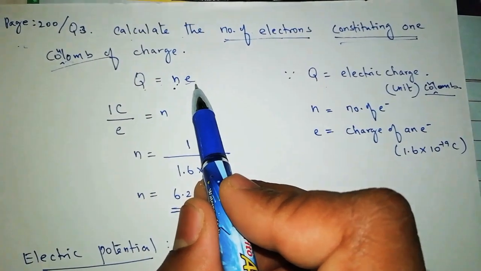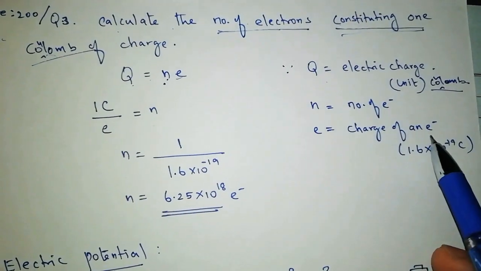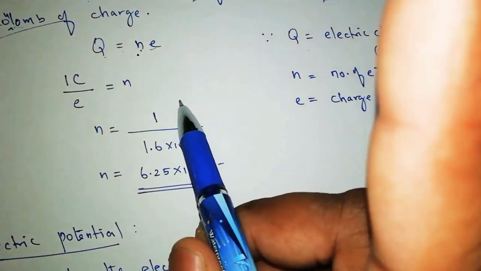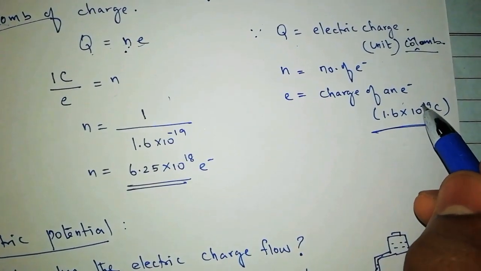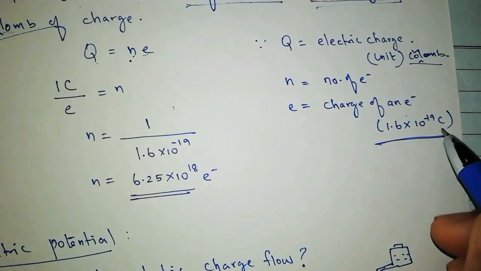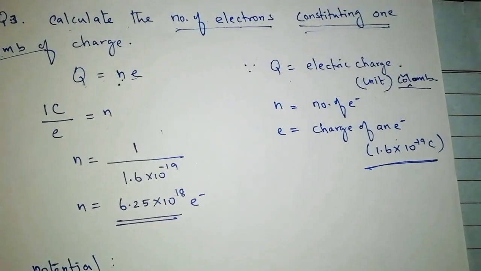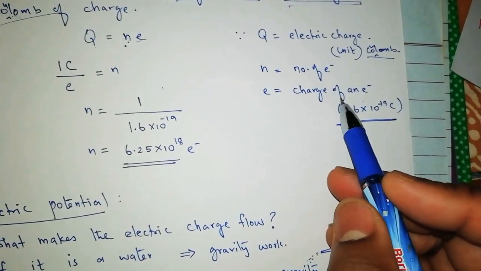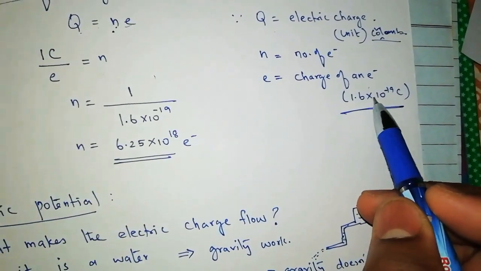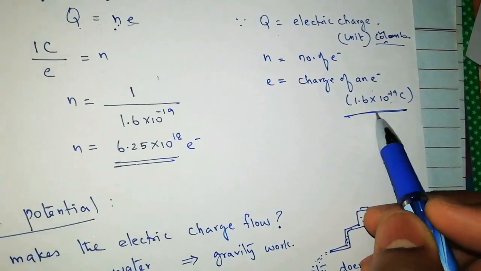And what is e? e is the charge of an electron. The charge of one electron is 1.6 into 10 to the power of minus 19 coulomb. It's actually a fixed value, right?